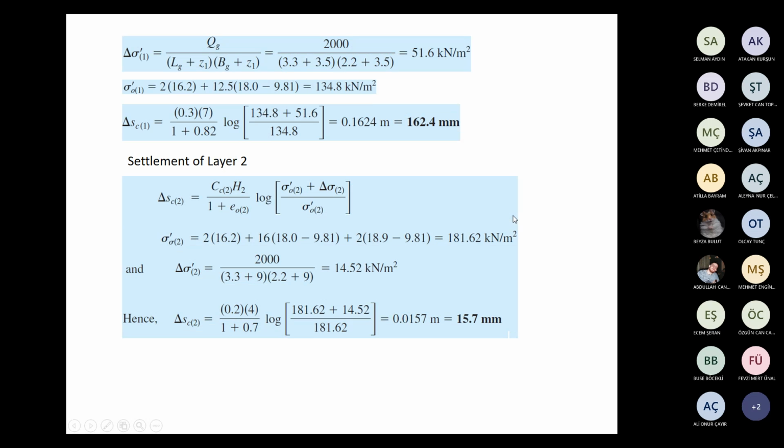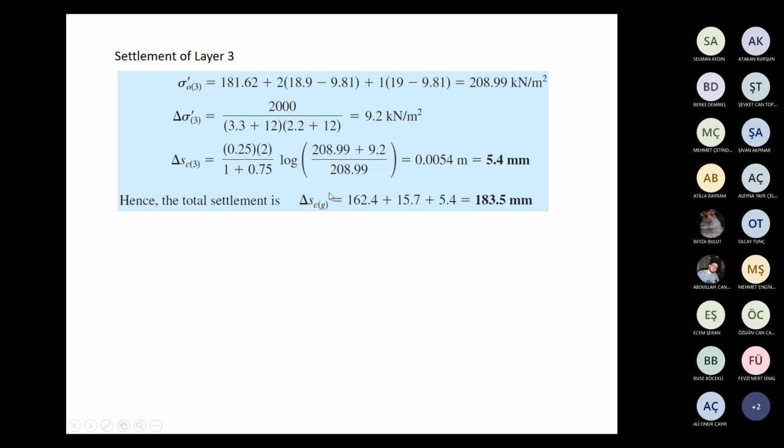So we have three consolidation settlement values. Of course, cumulative of these three will be equal to consolidation settlement of group. This is 183.5 millimeter.